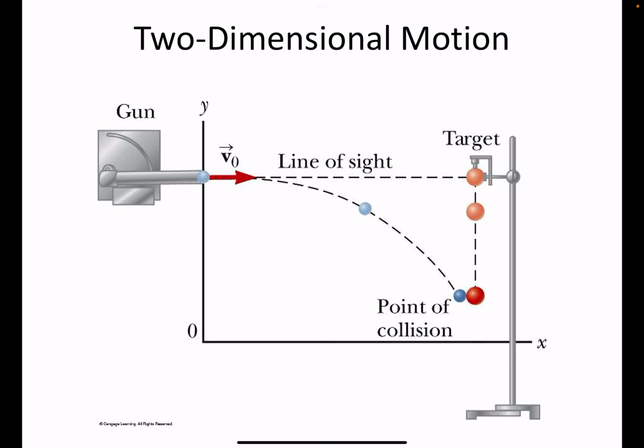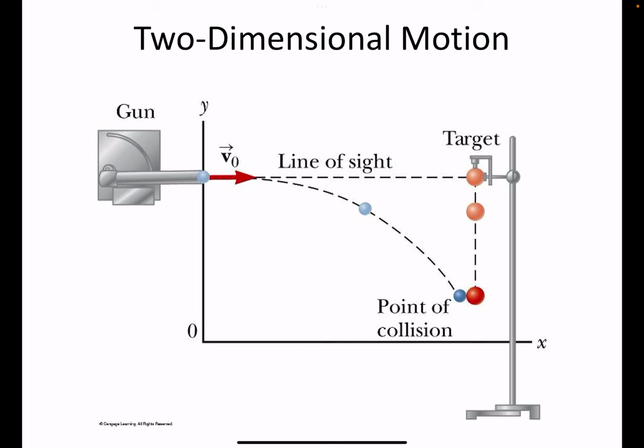This figure shows an experiment illustrating the independence of horizontal and vertical motion. The gun is aimed directly at the target ball and fired at the instant the target is released. In the absence of gravity, the projectile would hit the target because the target wouldn't move. However, the projectile still hits the target in the presence of gravity.